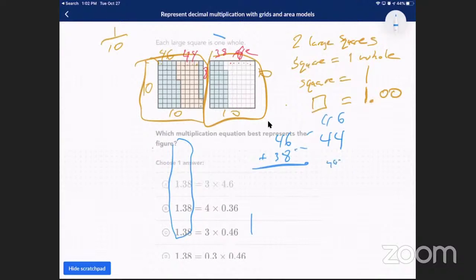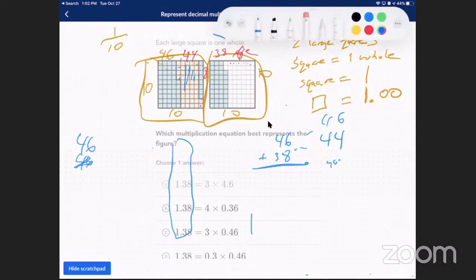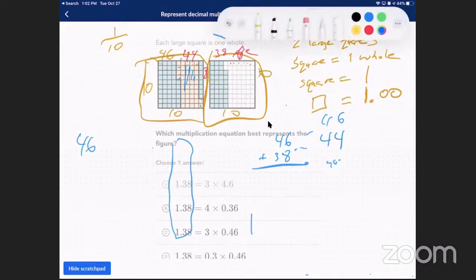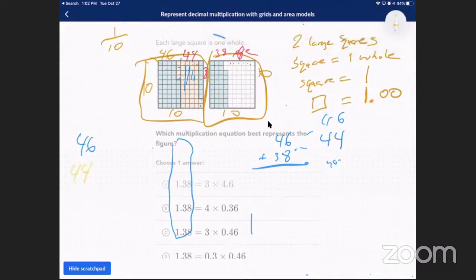Oh, okay, wait, 1, 2, 3, 4, 5, 6. And then you have here 1, 2, 3, 4. So that's 46 right there. And then you have here 1, 2, 3, 4, and then you have this 46. So it's 46, 46. Let's go ahead and add a different color.